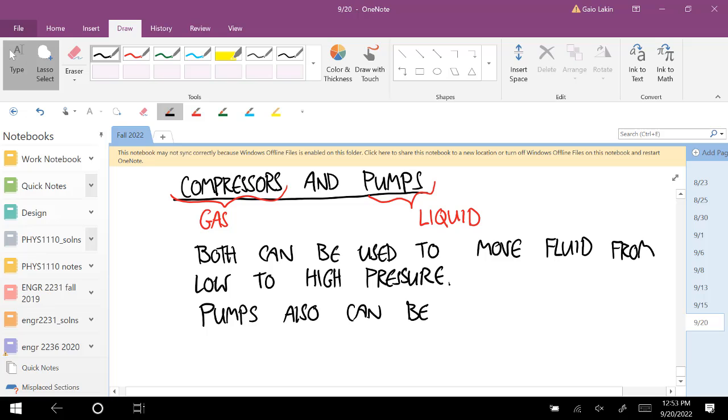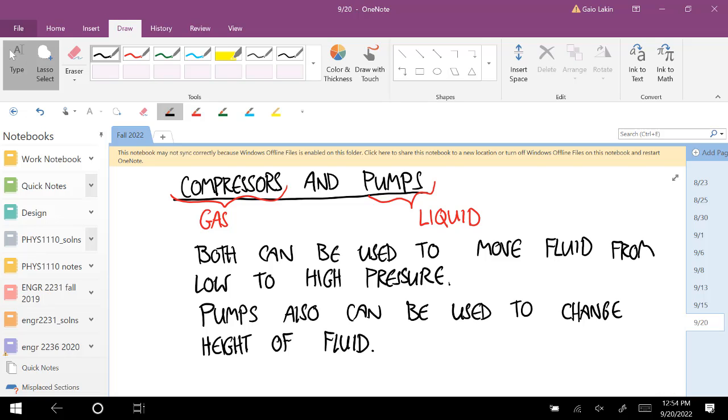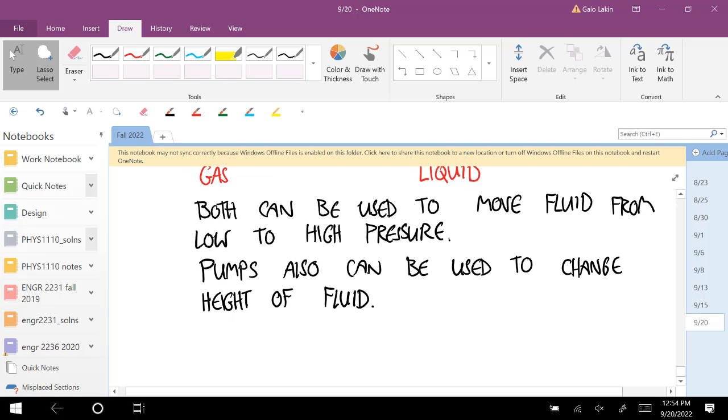So it can be used to change the height of the fluid. Okay, so I'm first going to do one that works for both the compressor and the pump, where you're going from a lower pressure to a higher pressure.